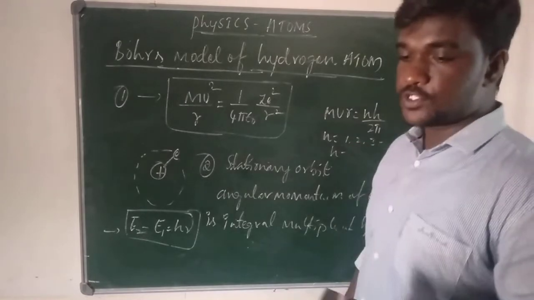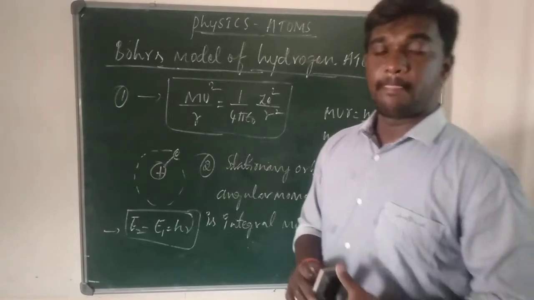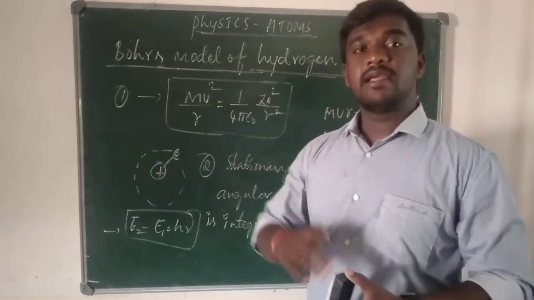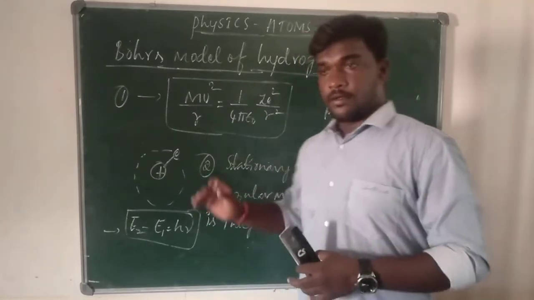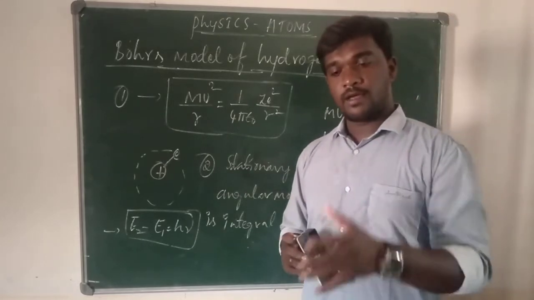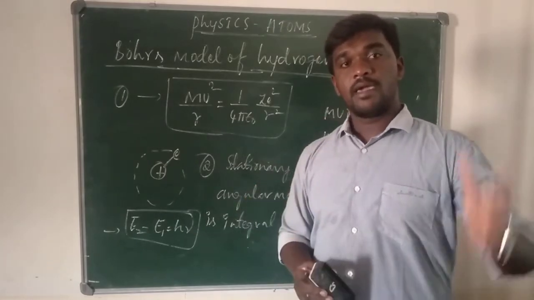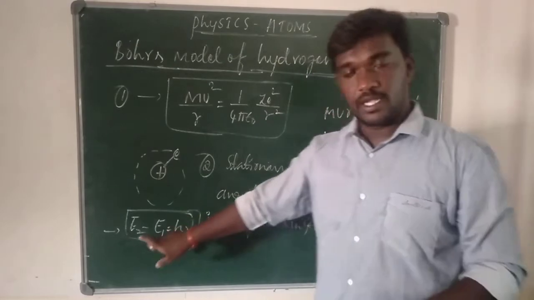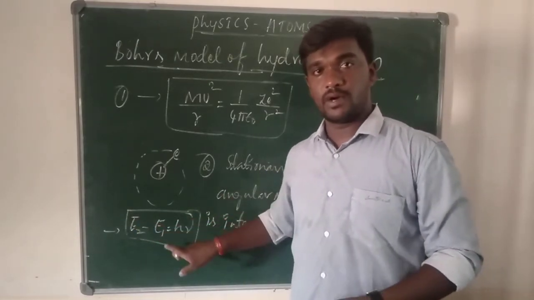Okay. Third postulate. Already I told you in the first and second postulates, the atom can radiate energy. When an atom radiates energy, the electron transitions from an orbit of higher energy level, we consider E2, to an orbit of lower energy level, we consider E1.